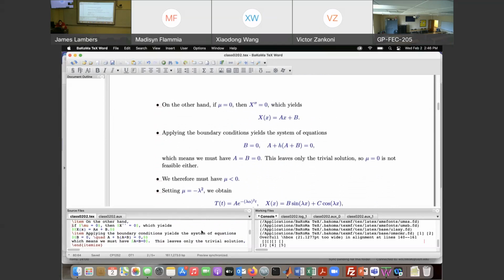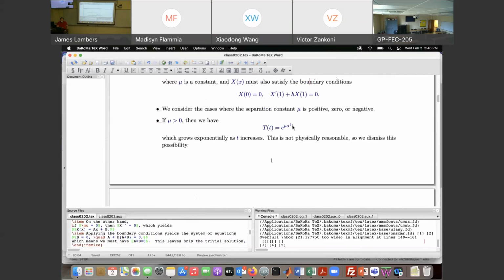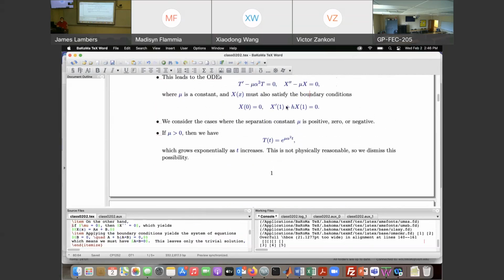So when that happens, we have to apply the boundary conditions. If we plug in x equals 0, this has to be 0, which means b is 0. Now the other boundary condition is this one. We have a derivative plus h times the function value at x equals 1.